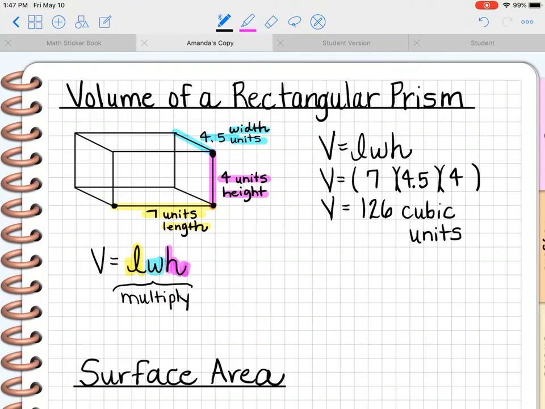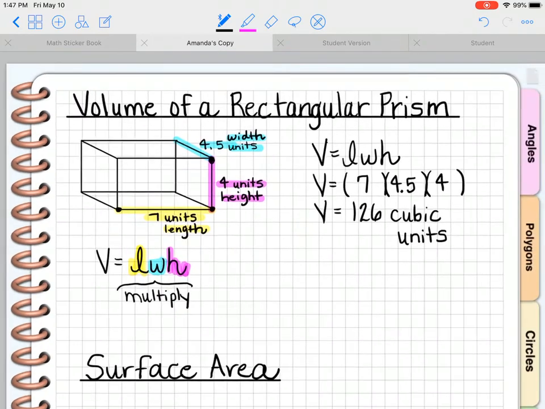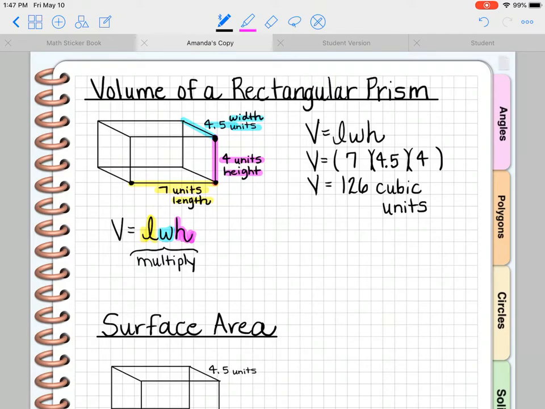So if I were stacking those little cubes in there, it's going to take 126 of them to fill that to capacity. That is calculating volume of a rectangular prism.